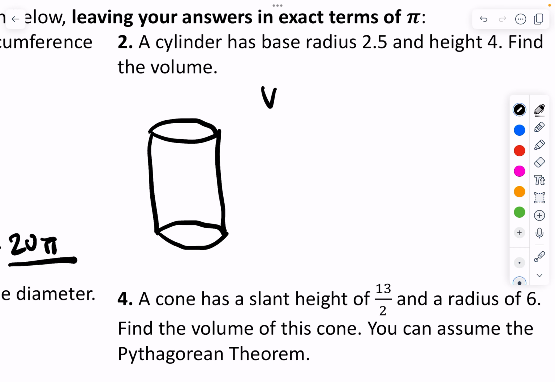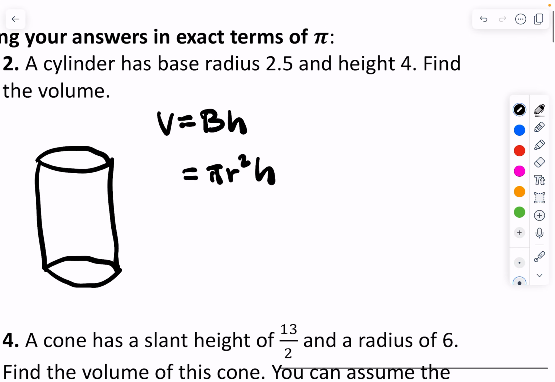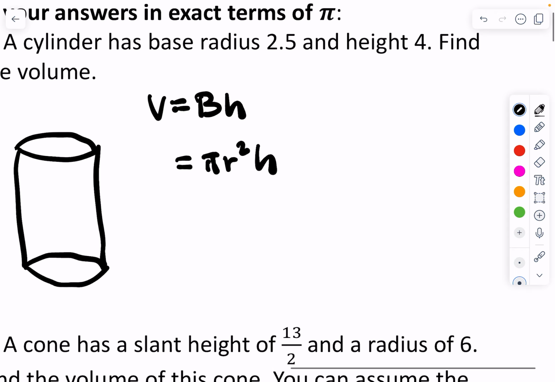For any cylinder, the volume is always equal to the base area multiplied by the height. And the base area, because it is a circle, is equal to pi r squared, multiplied by the height. Now we can just plug in our numbers.